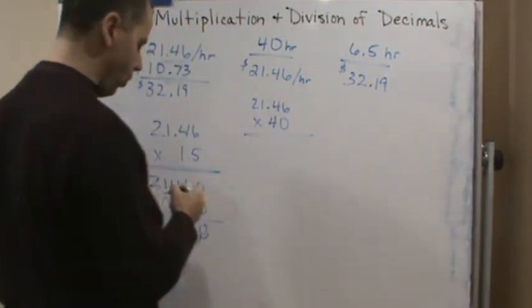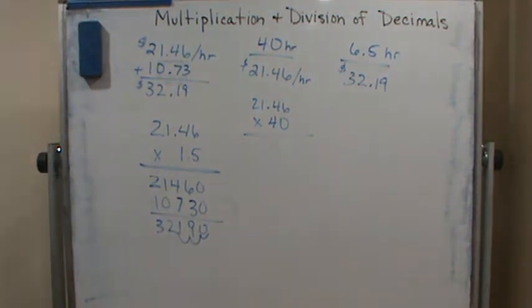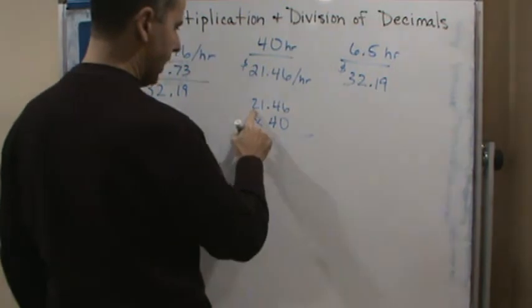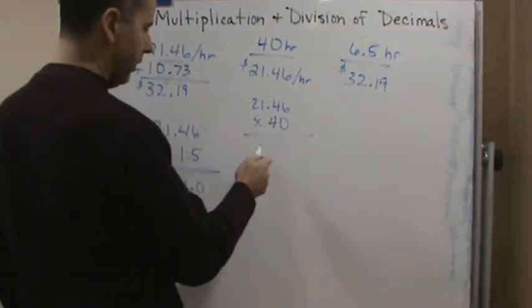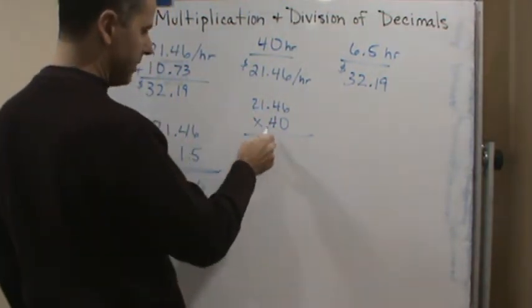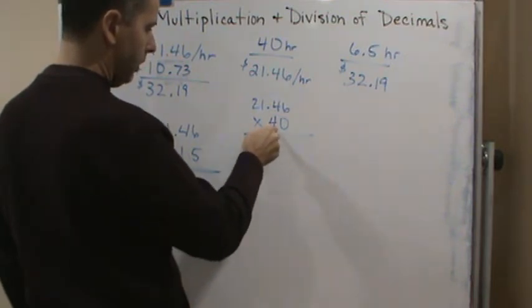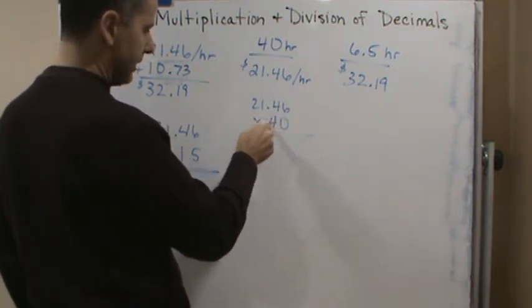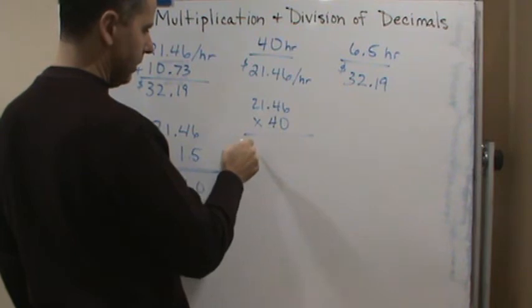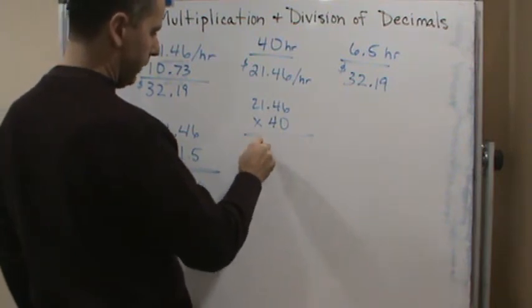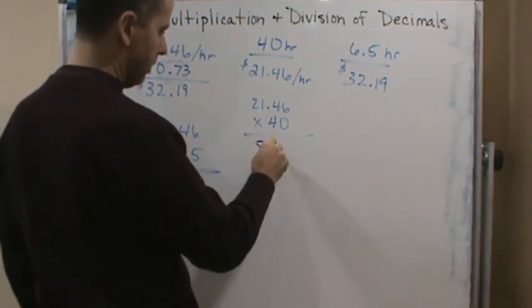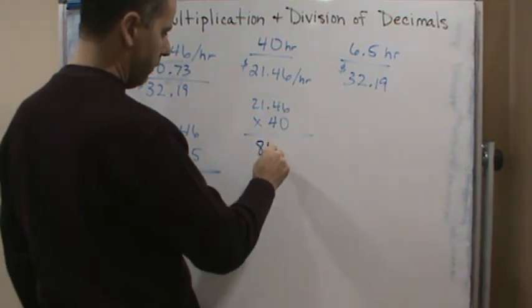So again, I'm going to ignore the decimal and just multiply. So this is going to be 4 times this, right? So 4 times 2 is 8.